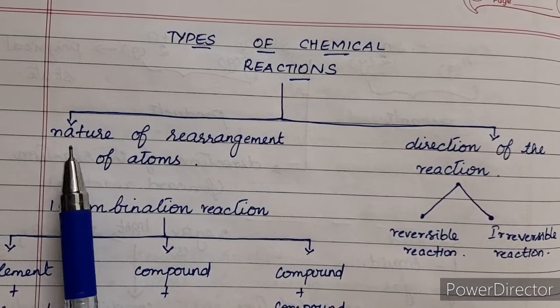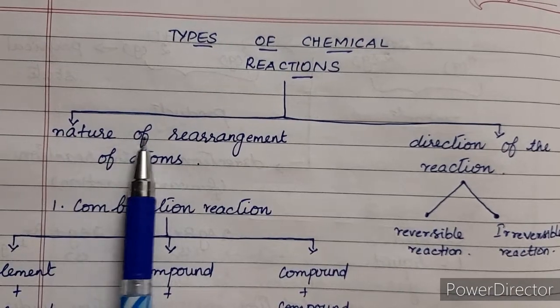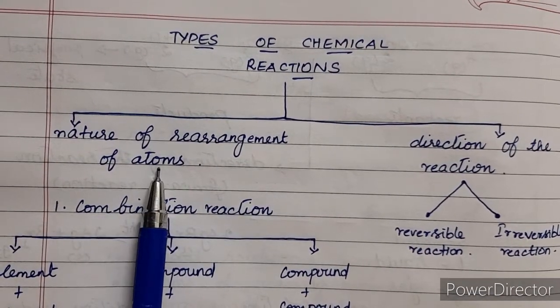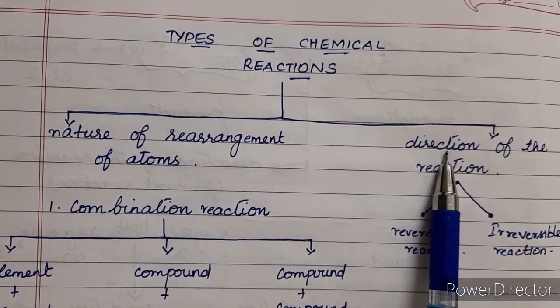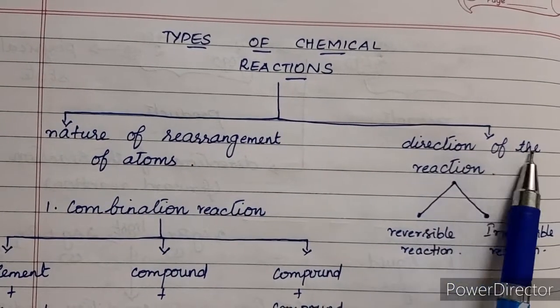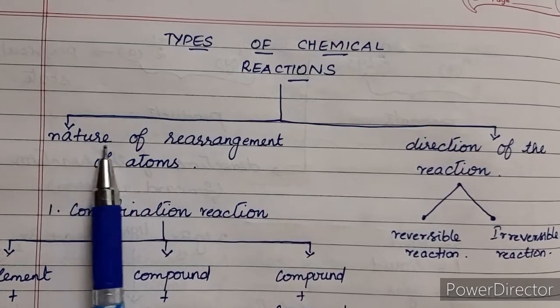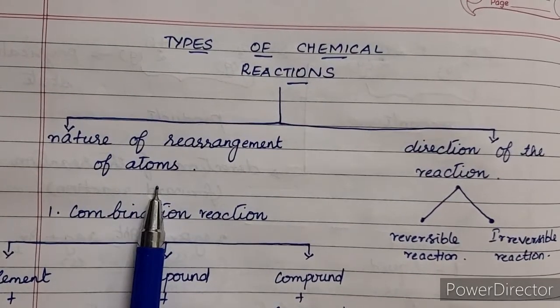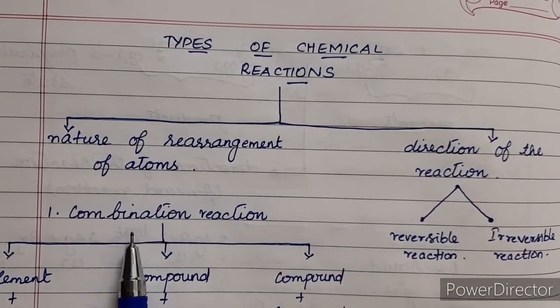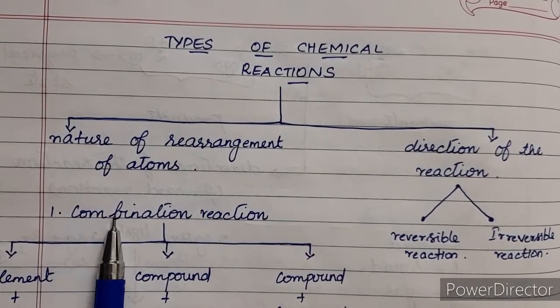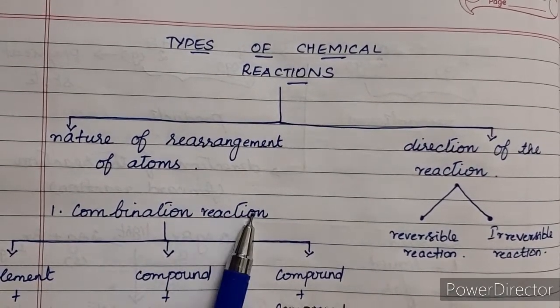Now first is the classification based on the nature of the rearrangement of the atoms. The next one is the classification based on the direction of the reaction. Now first we'll see the classification based on the nature of the rearrangement of the atoms. So these are classified into, the first one is the combination reaction.